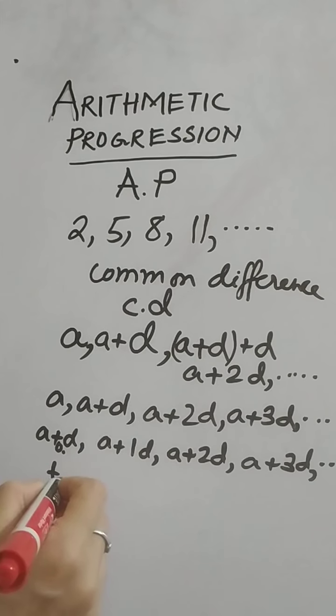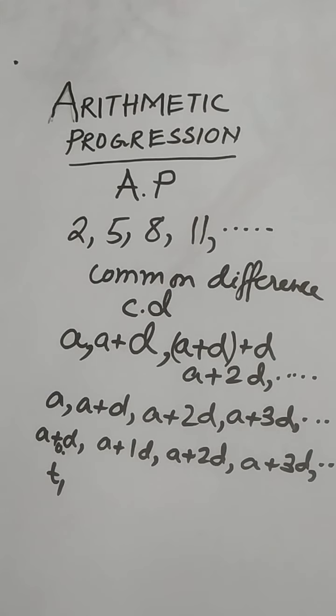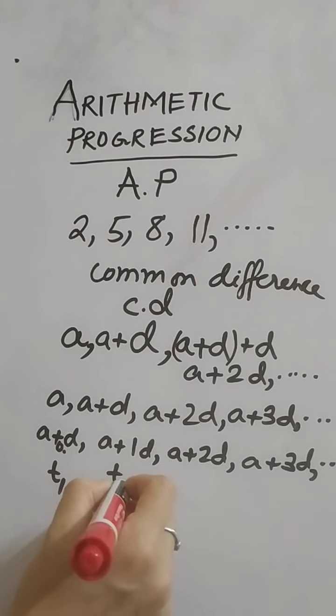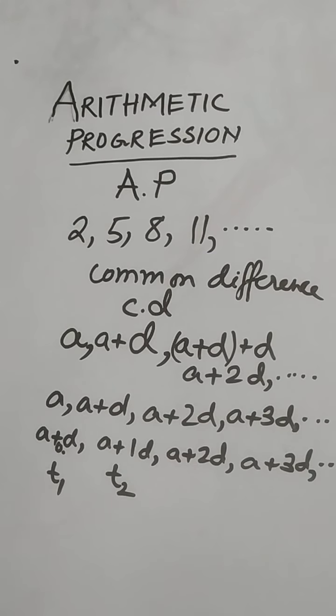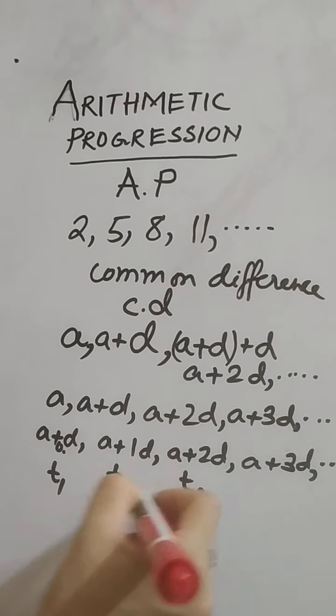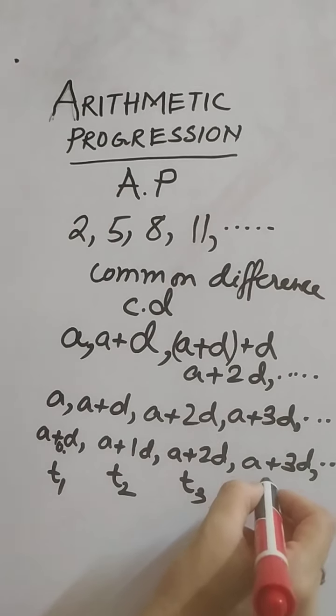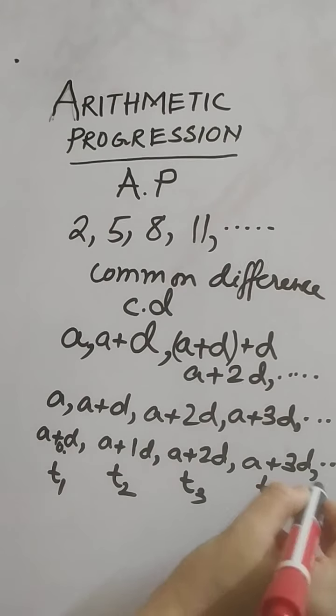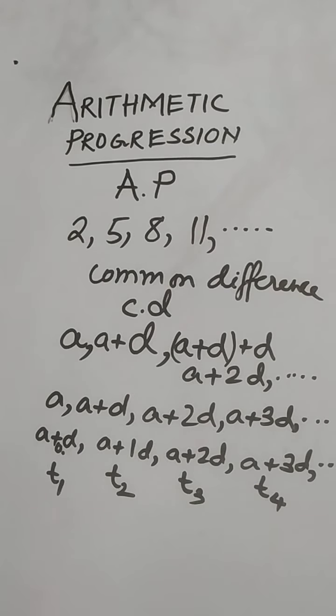This is my T1 or first term, this is my T2 or second term, this is my T3 third term, this is my T4 the fourth term and so on.